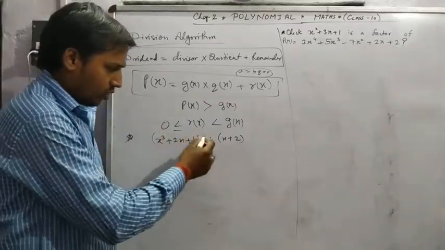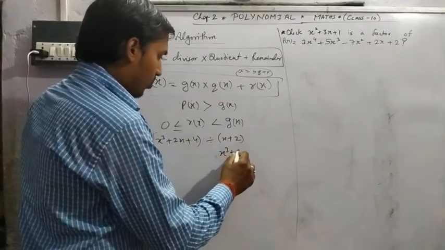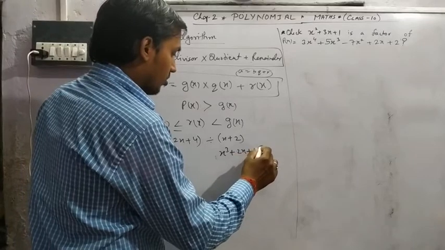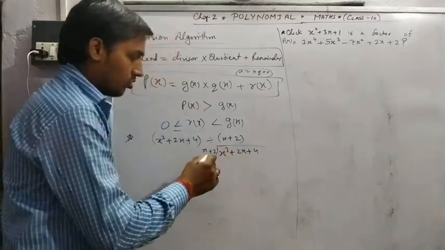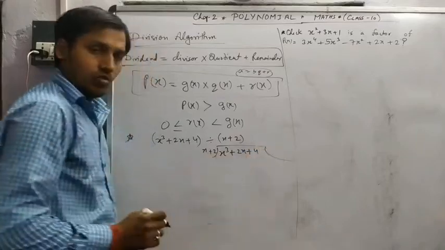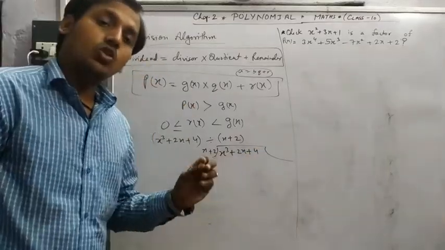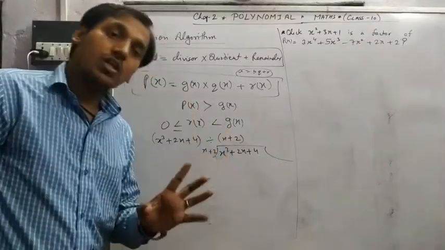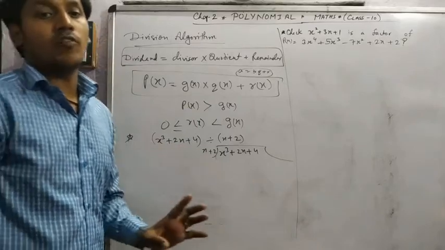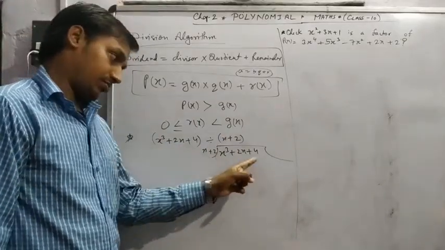So directly, x cube plus 2x plus 4 is divided by x plus 2. First thing in division, you always write the dividend and divisor both in descending order on the basis of the power of the terms.